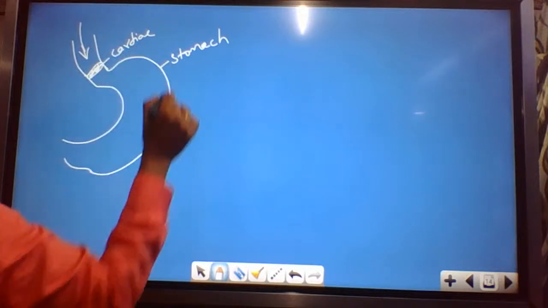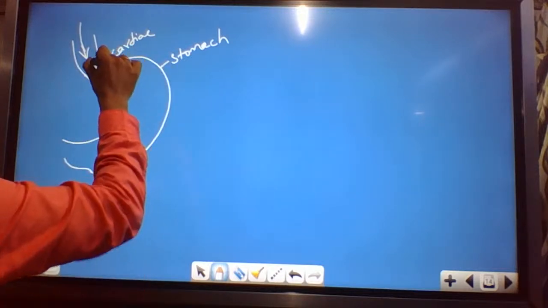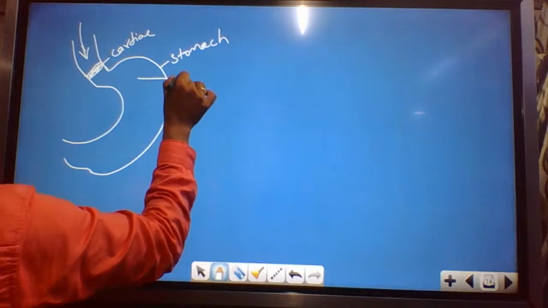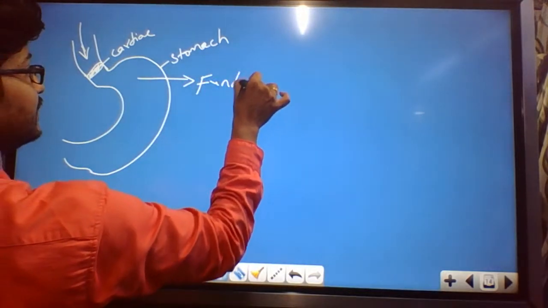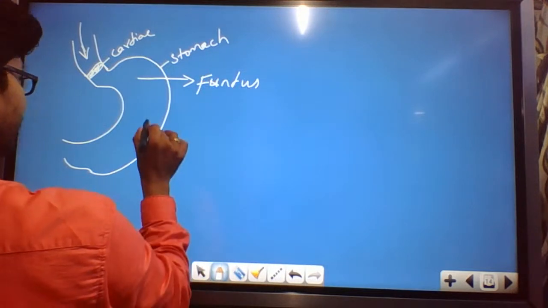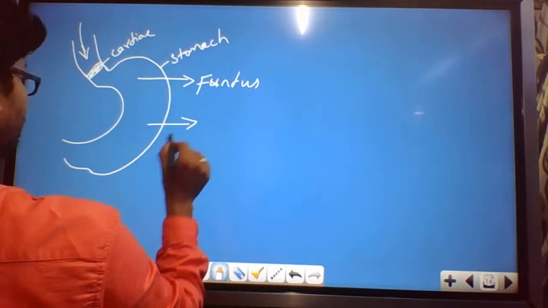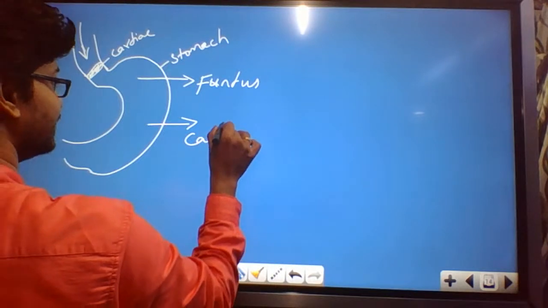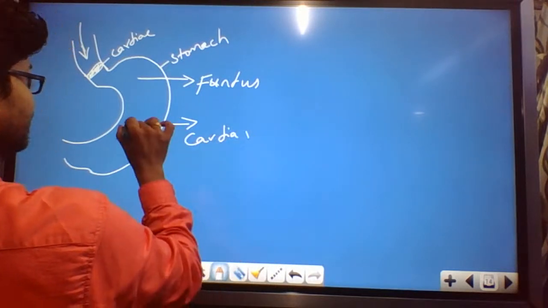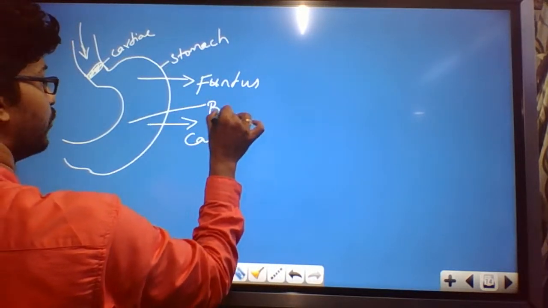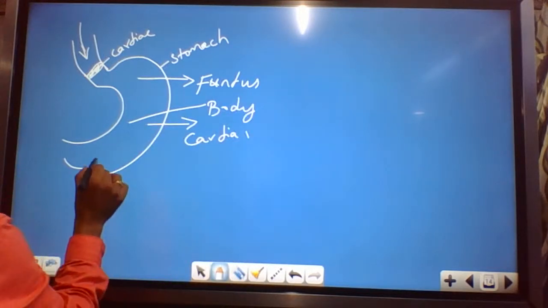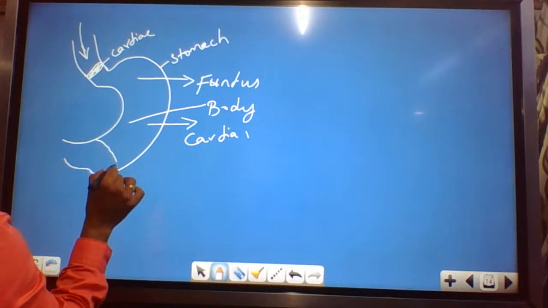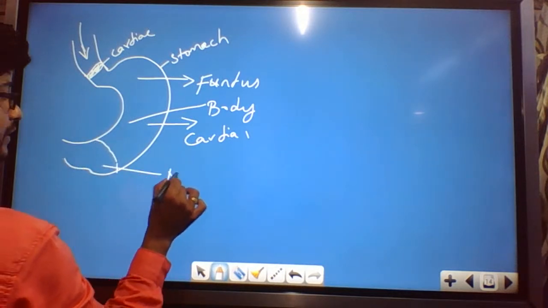Once you come to the stomach region, here is the cardiac region. The parts that you could see in the stomach: this upper part is called the fundus. This part is the cardiac region. The central part is called the body. And this region we call the pyloric region.